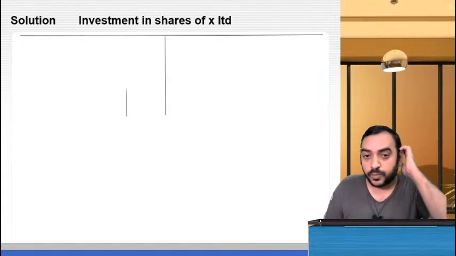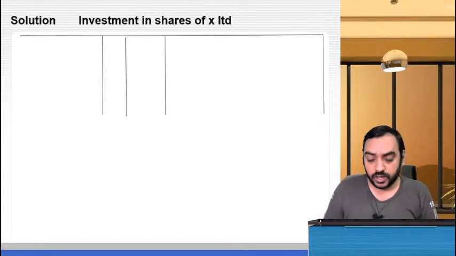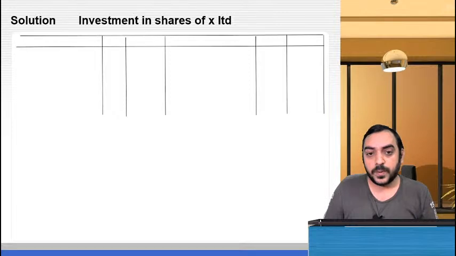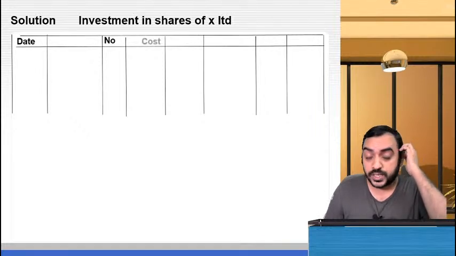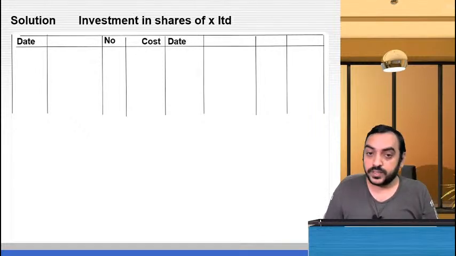Okay, so have the format of the investment account. Here we will have number of shares, and we don't have to have any interest column. Have one column for number of shares and one column for cost: date, number of shares, cost.